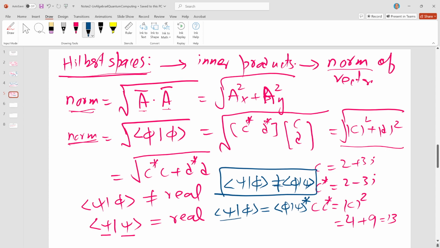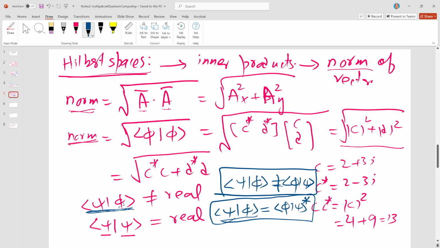So if this product is 2 plus 3 iota, phi psi would be 2 minus 3 iota, so its conjugate would give us the same. This is the relation that we have to remember. In general, the inner product of two different vectors is a complex number, and if the order is changed, the complex number becomes its conjugate.